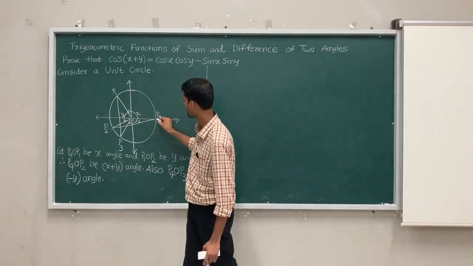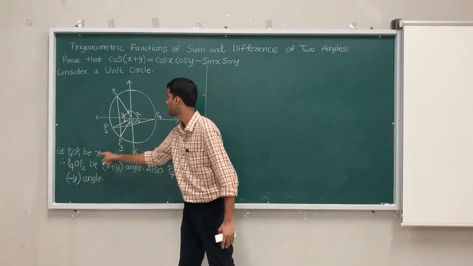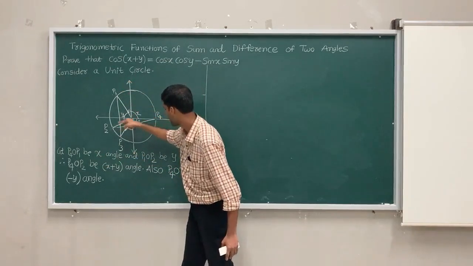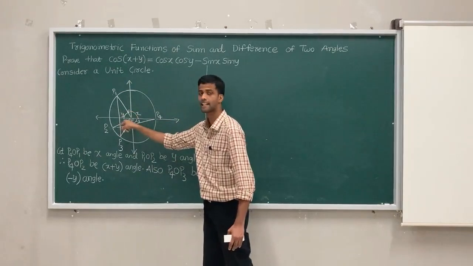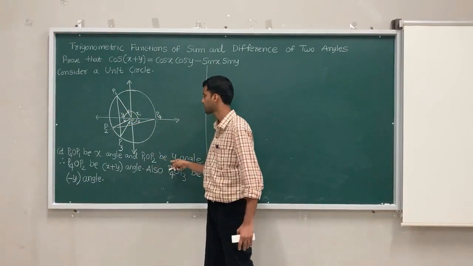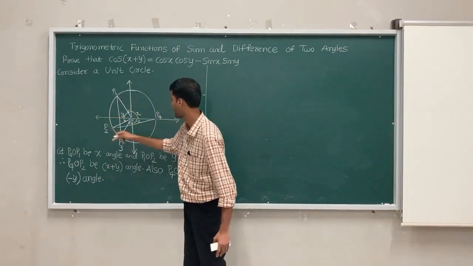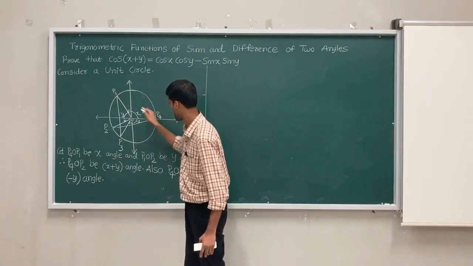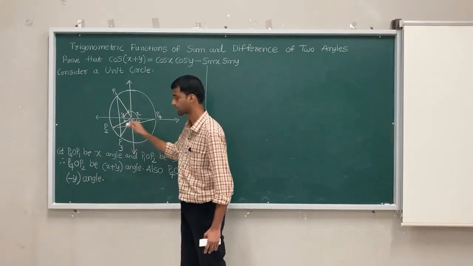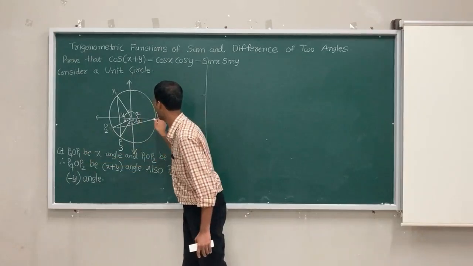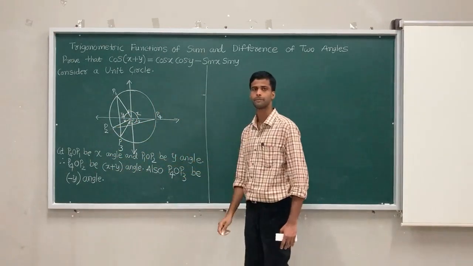Now I have called P4OP1 as x angle, P1OP2 be y angle. Okay, because both are anti-clockwise, the angle is positive. Then P4OP1 is x, P1OP2 is y. So when I add these two, it gives me P4OP2, which is x plus y. So I wrote P4OP2 be x plus y angle.